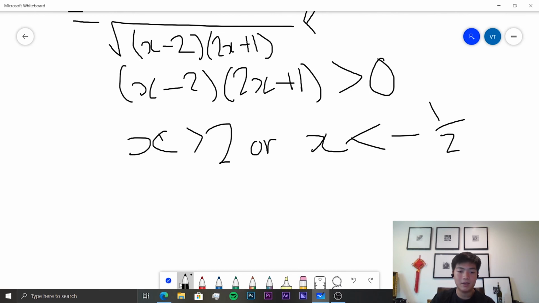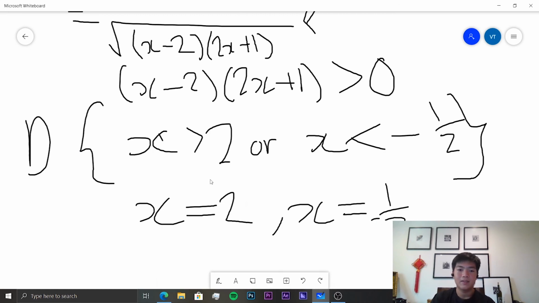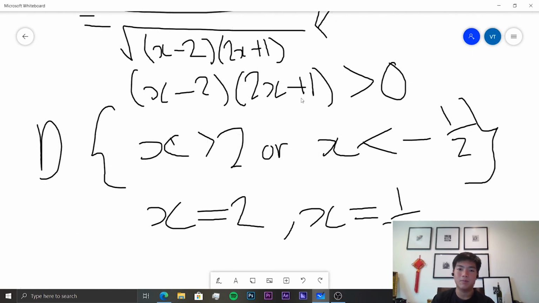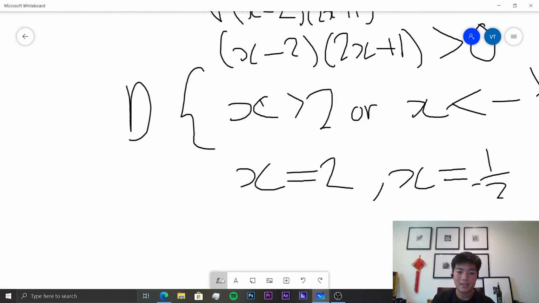So that would be the domain of this function. Any asymptotes would be x is equal to 2 and x is equal to negative 1/2. The values for which this would be less than 0 wouldn't be asymptotes because the graph would never tend to them. And finally, of course, y equals 0 would always be an asymptote.